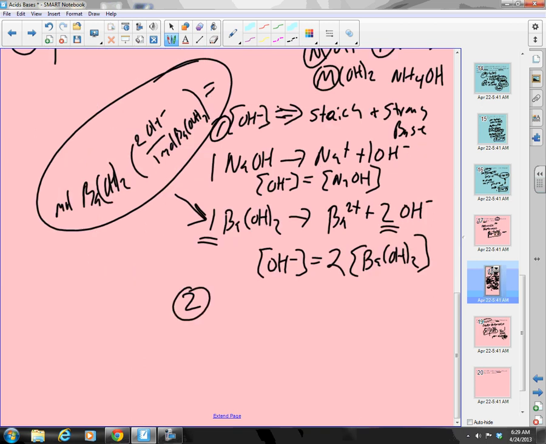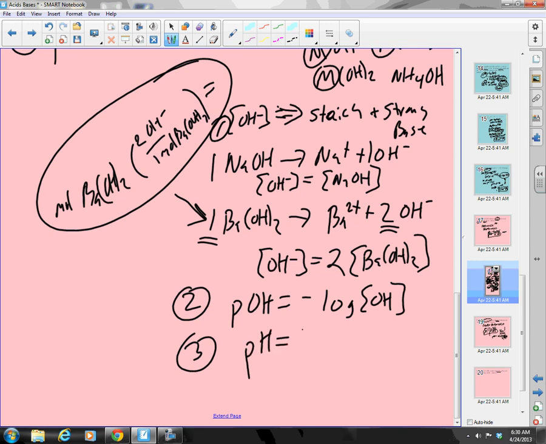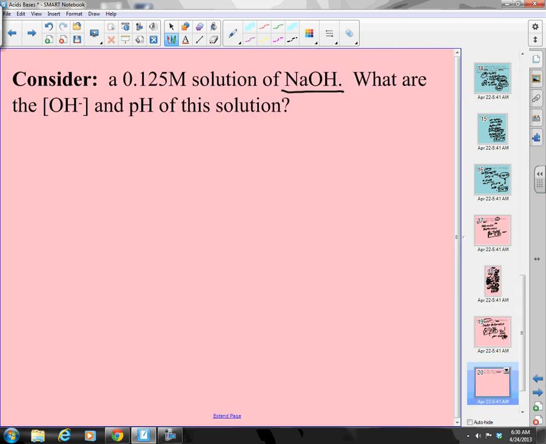Then pOH equals negative log of hydroxide, and third, pH equals 14 minus pOH. Those are the 3 steps we use in determining the pH or pOH of a strong base.